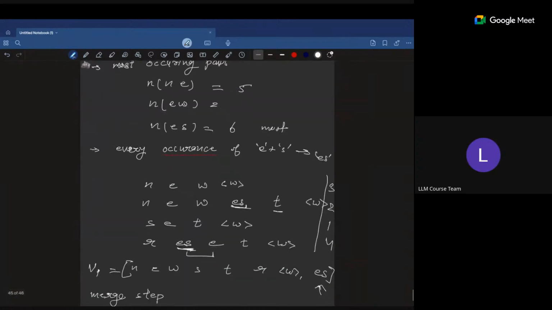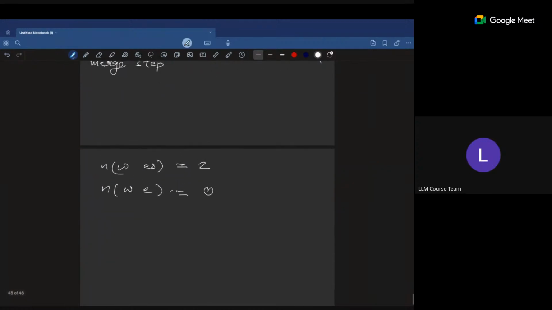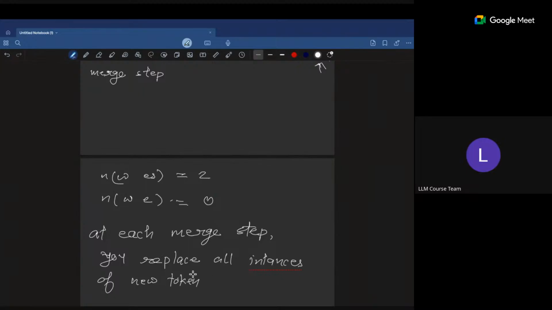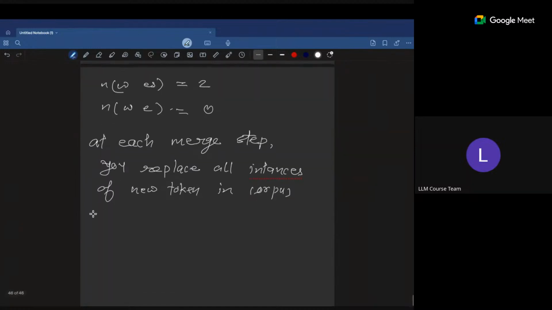Okay. So you keep on doing this, and at each merge you replace all the instances of the pair with the new token in the corpus, and you add only one new token in the vocabulary, right?